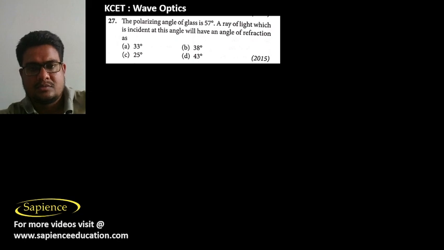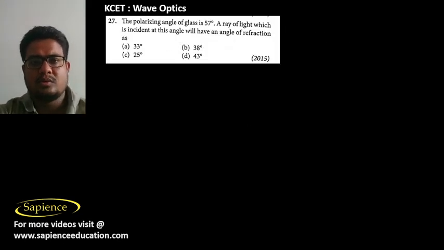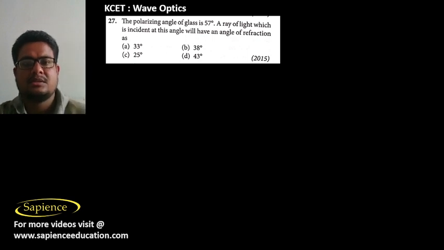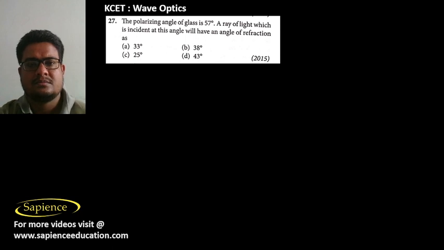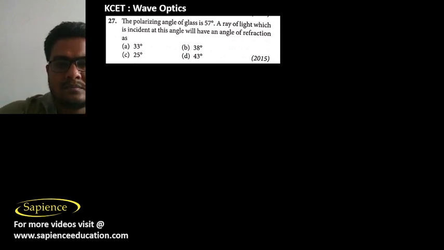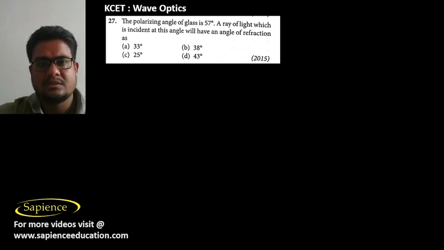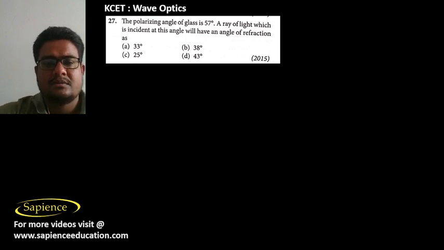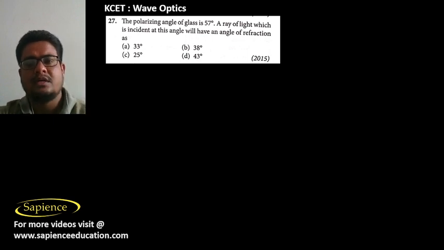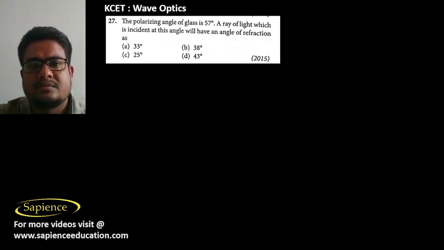Then in question number 27, it is told that the polarizing angle of glass is 57 degree. A ray of light which is incident at this angle will have an angle of refraction as?